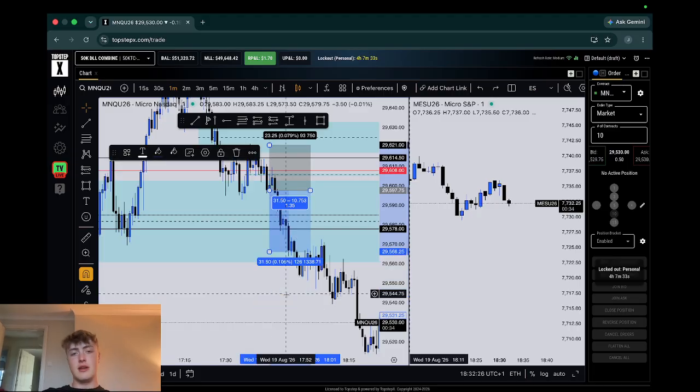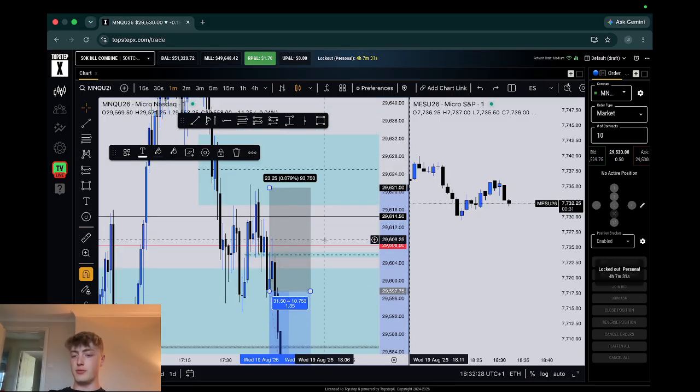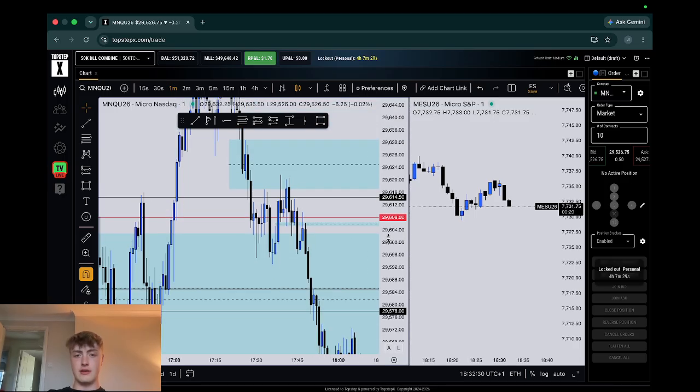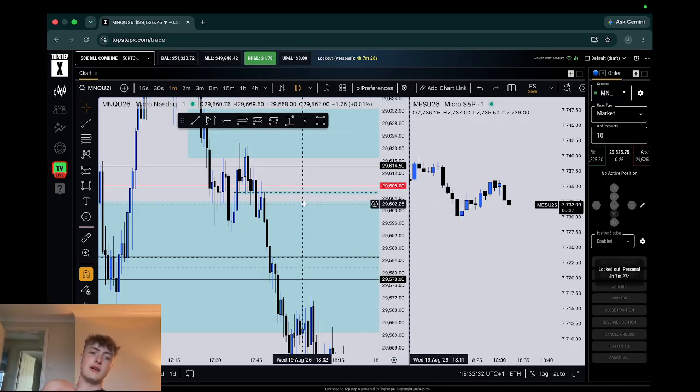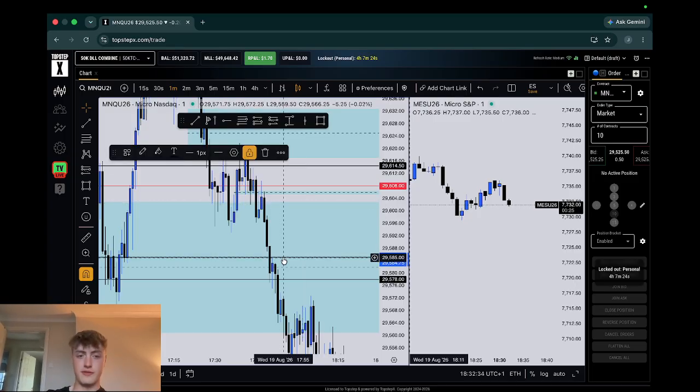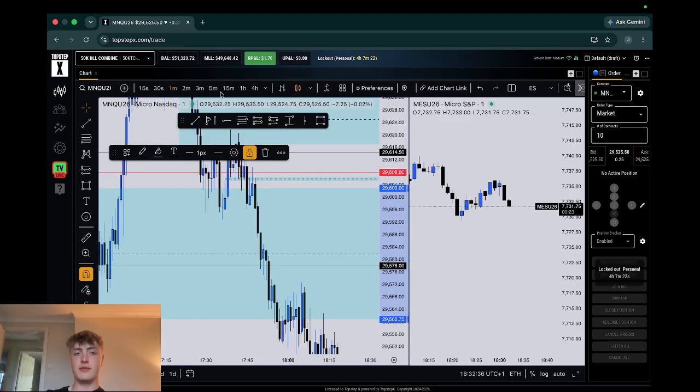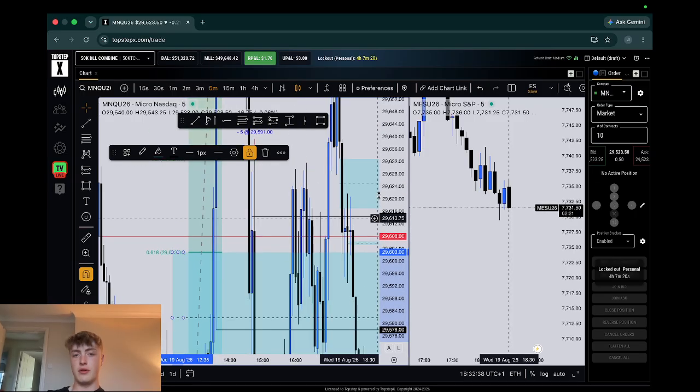All right, never mind. Trade of the day, apparently. I think that's what Blake took, and I saw a few other people take shorts off of that as well, but it's fine.